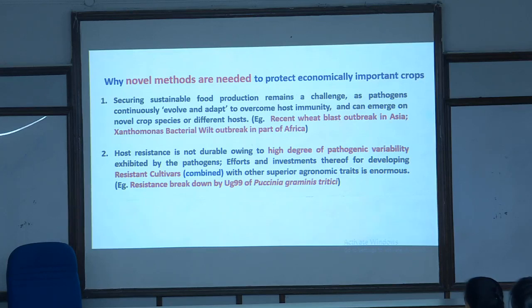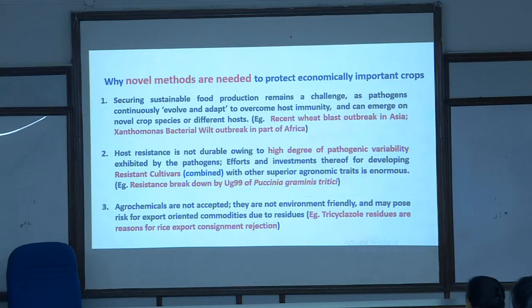There is a strain of wheat rust fungi called UG99. It created so much havoc in, again, some part of Africa. These examples are enough to highlight that pathogens always evolve and they overcome host immunity sooner or later, right? So that means host resistance cannot be depended on forever to mitigate crop losses.